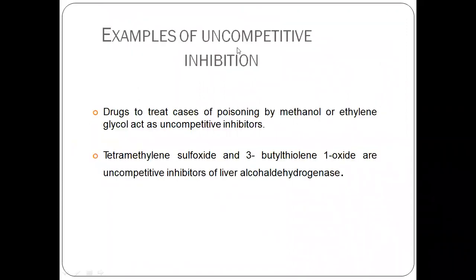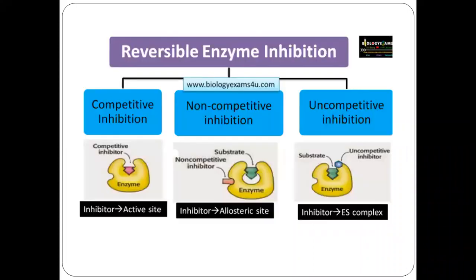Examples are the treatment of poisoning by methanol and ethylene, which are examples of uncompetitive inhibitors, and tetramethylene sulfoxide and 3-butyl thiolene monoxide are uncompetitive inhibitors of liver alcohol dehydrogenase.